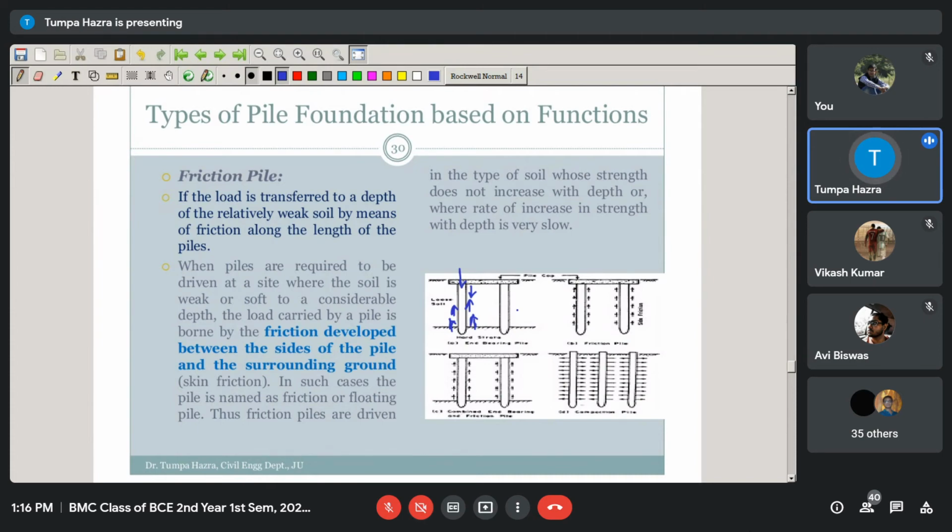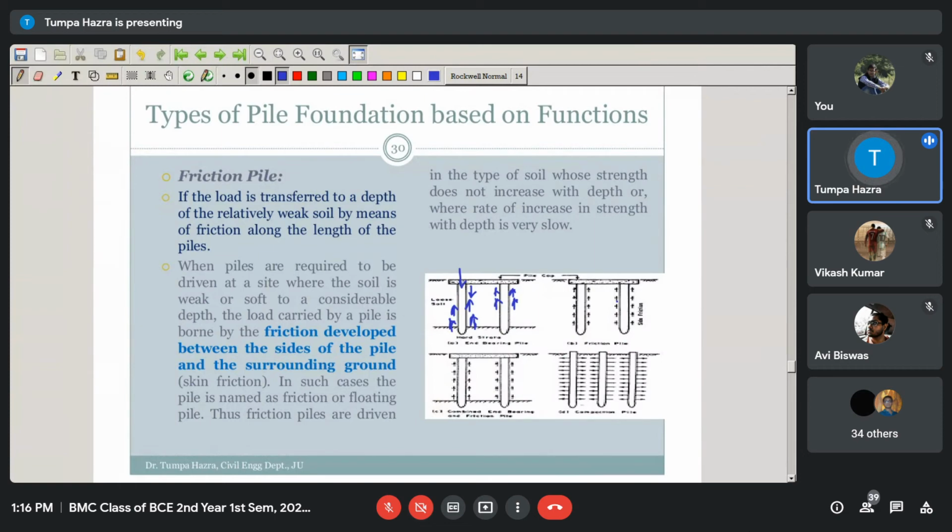So the load of the pile is not only carried by the end soil, but also the soil through which the pile is constructed also supports some of the load by the frictional force.